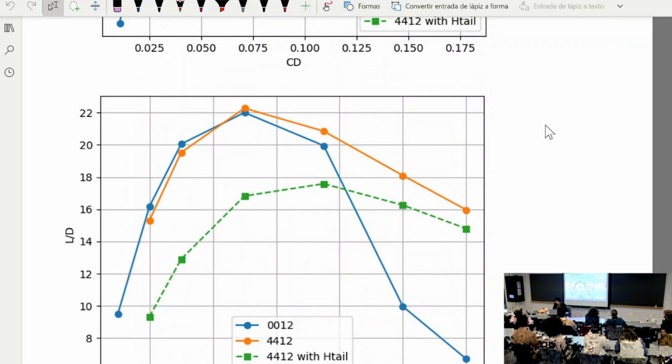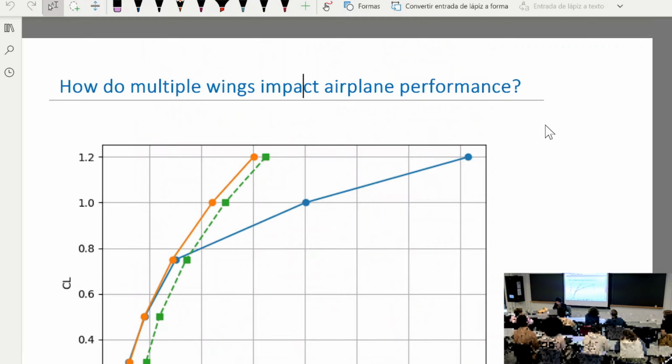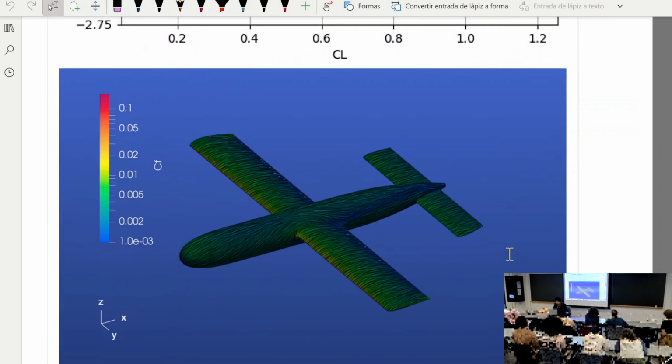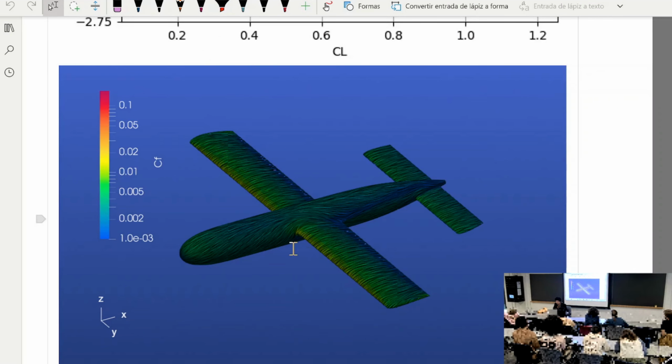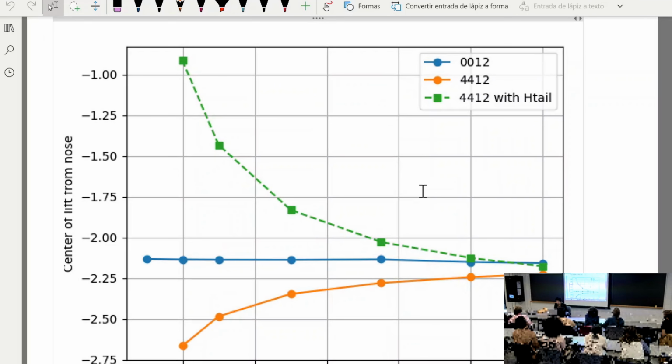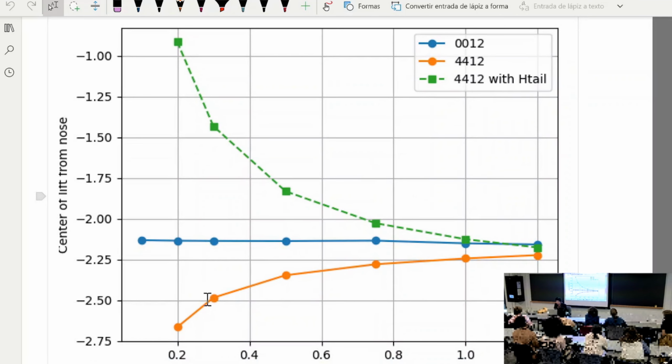Just to give you a little more taste: if I add a horizontal tail onto the unstable airplane, I'm changing this orange curve into the green curve.